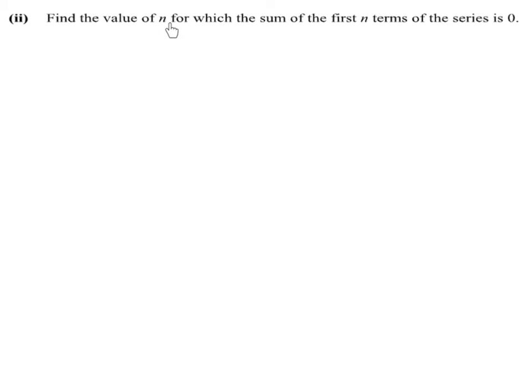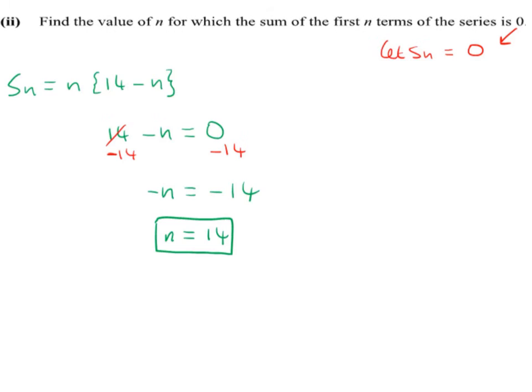Find the value of n for which the sum of the first n terms of the series is 0. So what we have to do is let Sn equal 0, and Sn is what we got in the previous question. So we got Sn equal to n times 14 minus n. So we can let n equal 0, and then we can let 14 minus n equal 0.